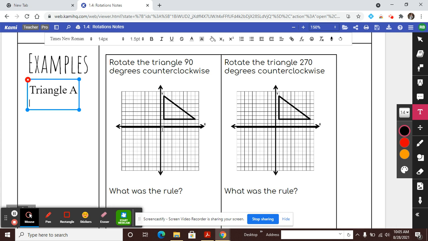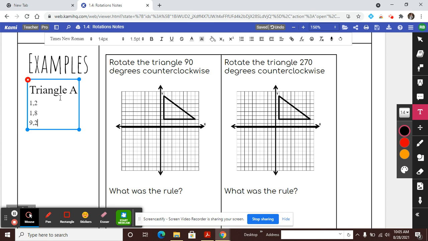The first one is 1, 2. Our second one is 1, 3, 4, 5, 6, 7, 8, so it's going to be 1, comma 8. And our last coordinate is going to be 2, 3, 4, 5, 6, 7, 8, 9, so 9, comma 2. And those are my coordinates.